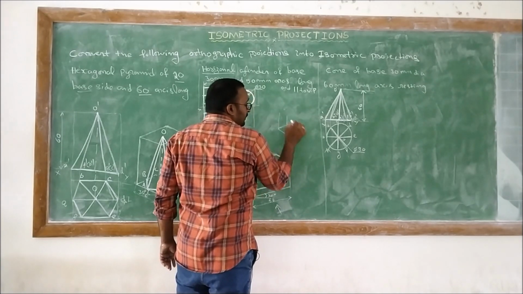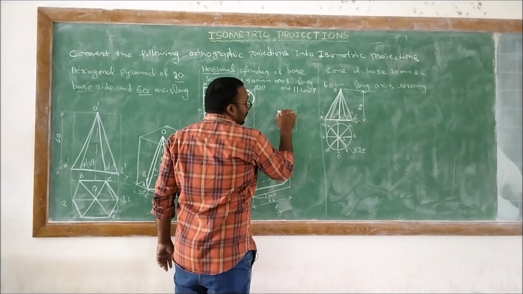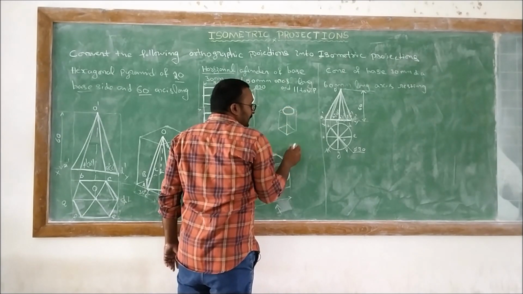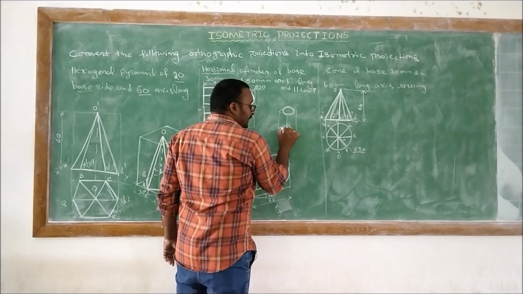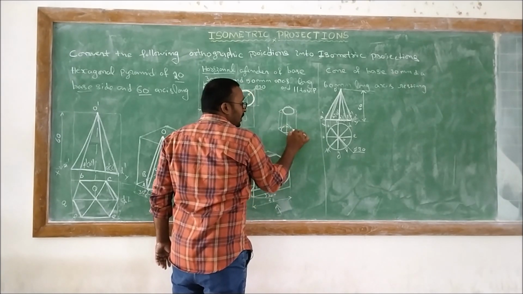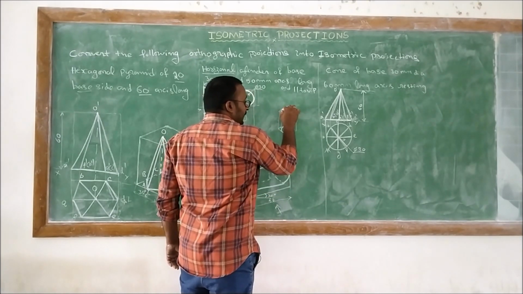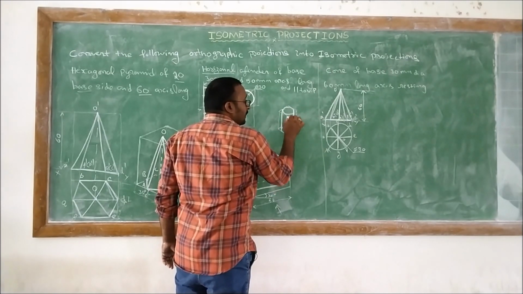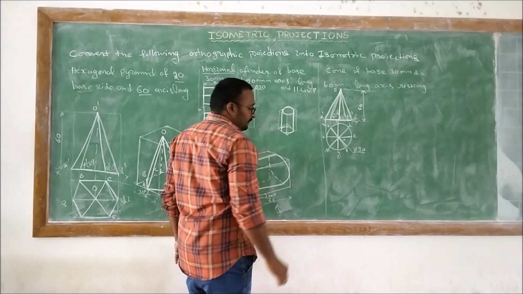Based upon that we will get the vertical one. Here this will be a completely visible elliptical surface, and a half visible, half invisible elliptical surface on the bottom. So like this is the isometric view of a cylinder when its axis is vertical.